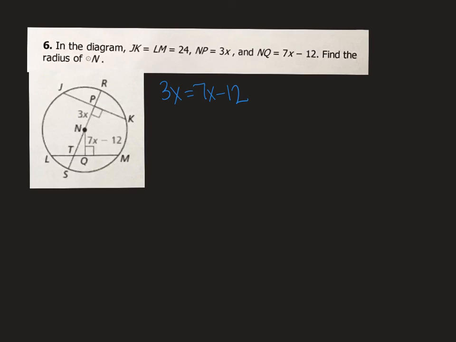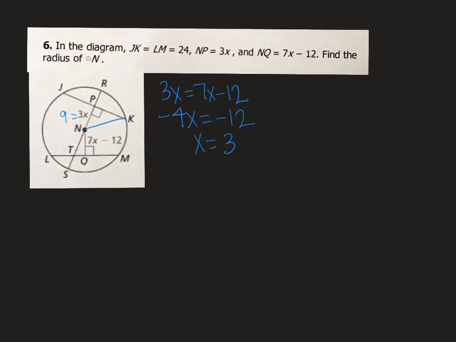So I'm going to subtract my 7x to get negative 4x equals negative 12. And I'm going to divide by negative 4 to get 3. So I know that's going to give me 9 for both of those lengths.